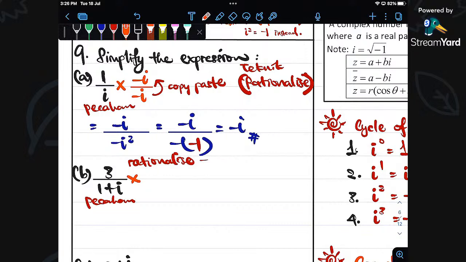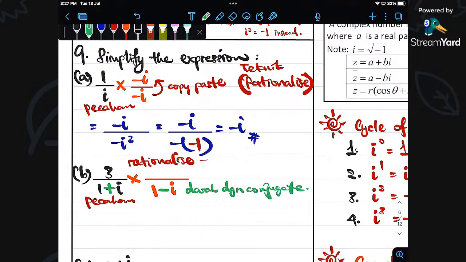So teknik rationalize-nya adalah 1 minus I. So 1 minus I kenapa? Sebab dia adalah opposite sign of this positive. Kita darabkan dengan conjugate. Remember this.